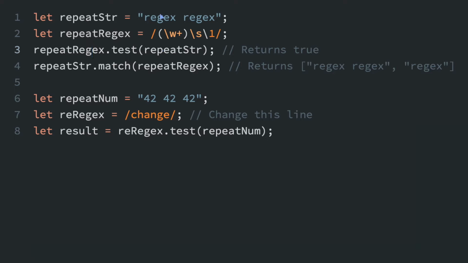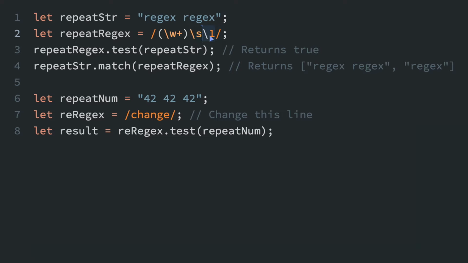If we test this regex against this string, it's going to return true because it has any number of letters, it has a space, and then it repeats any number of letters, the same letters from before. So that's any number of letters, the space, and then we're repeating the same letters as before.